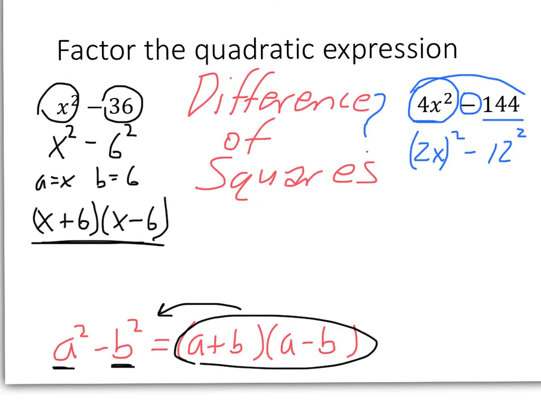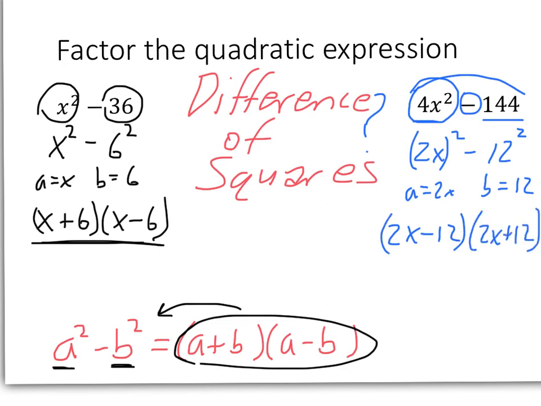You square 2x, you get 4x squared. So in this case our a is 2x and our b is 12. And this factors into 2x minus 12 and 2x plus 12. Simple as that. It doesn't matter if you put the minus or plus first. The bottom line is you always get this pattern when you find a difference of squares.